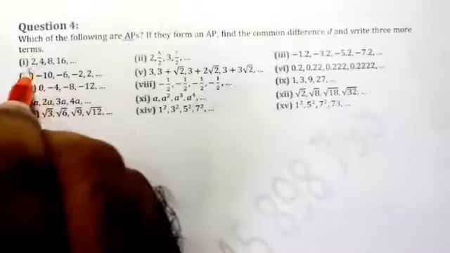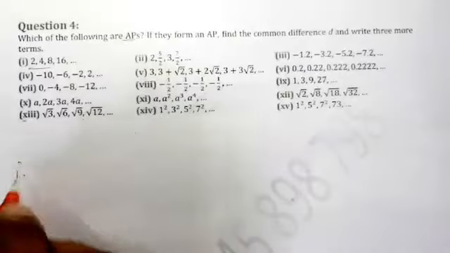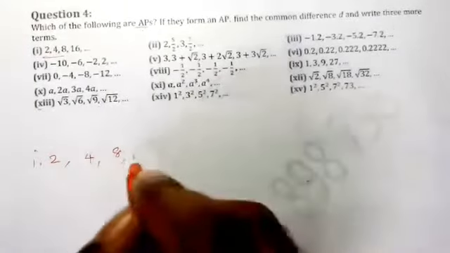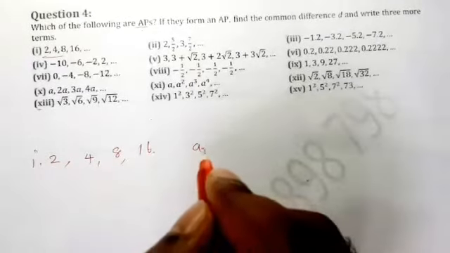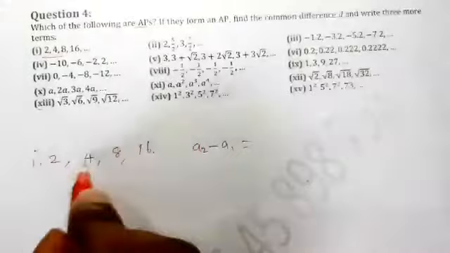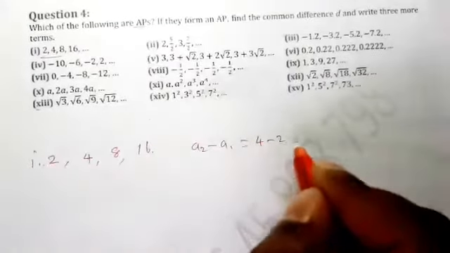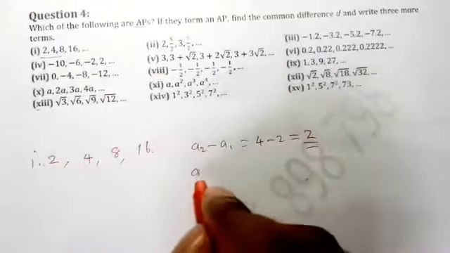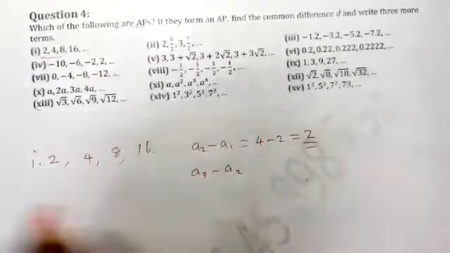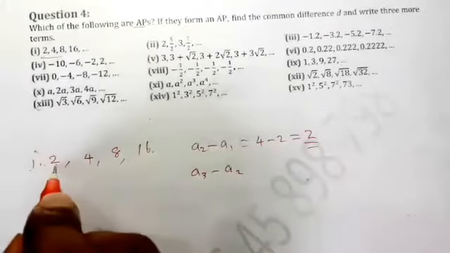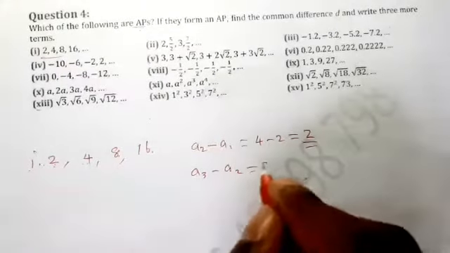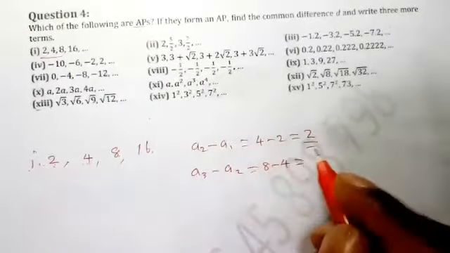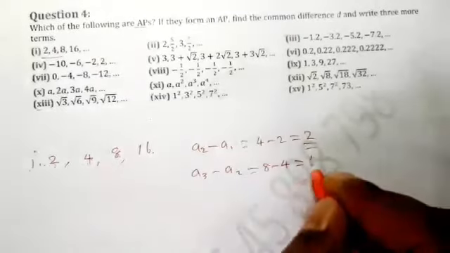So we can think about the first question, here 2, 4, 8, 16. We can think about its differences. The first difference is A2 minus A1. 4 minus 2 is equal to 2. Now A3 minus A2. This is A1, A2, A3. So A3 minus A2 means 8 minus 4, which is equal to 4.